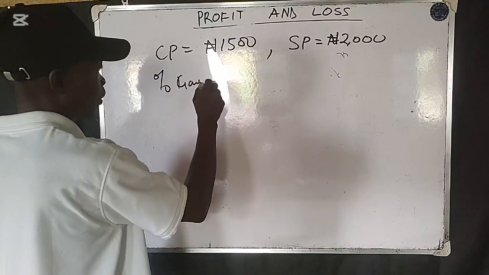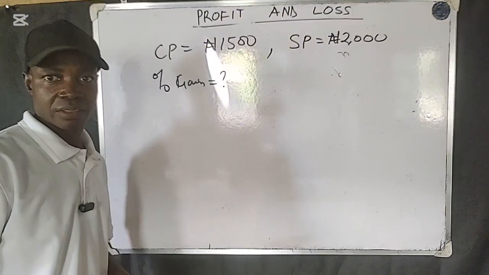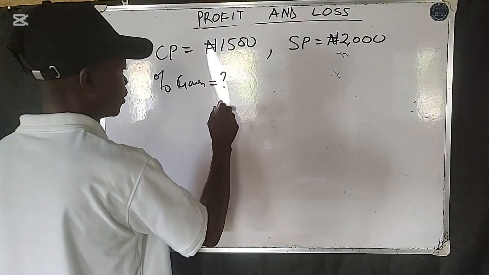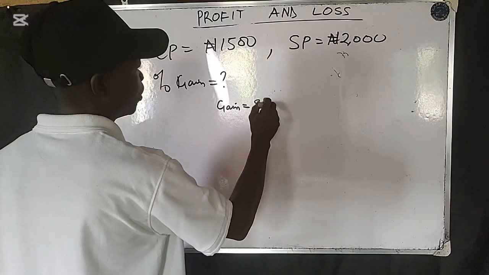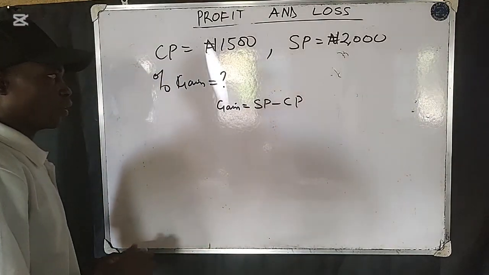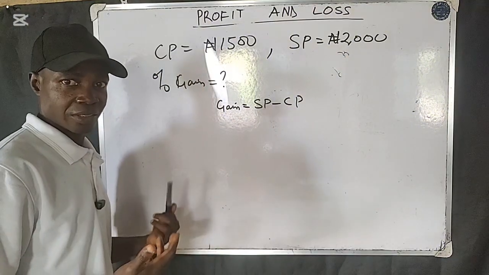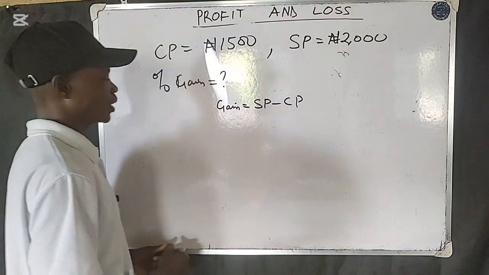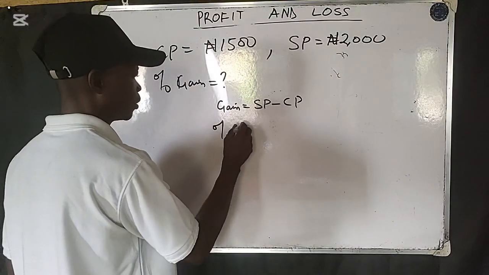So to calculate percentage gain, you find the gain first, right? So the gain is equal to SP minus CP, right? When you find the gain, you can now find the percentage gain. So without wasting time, this is our gain and this is our percentage gain.